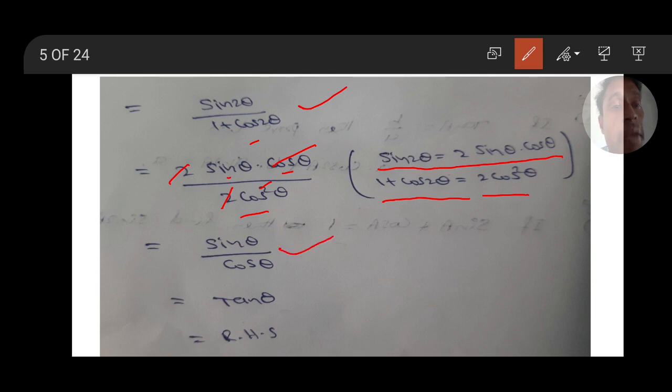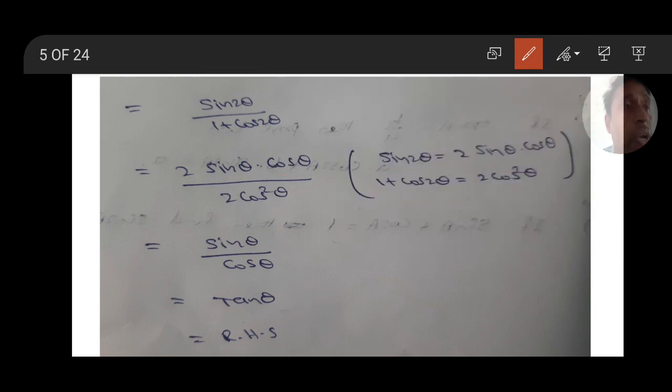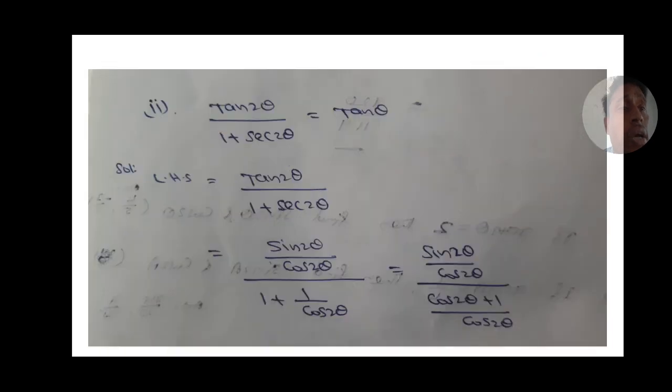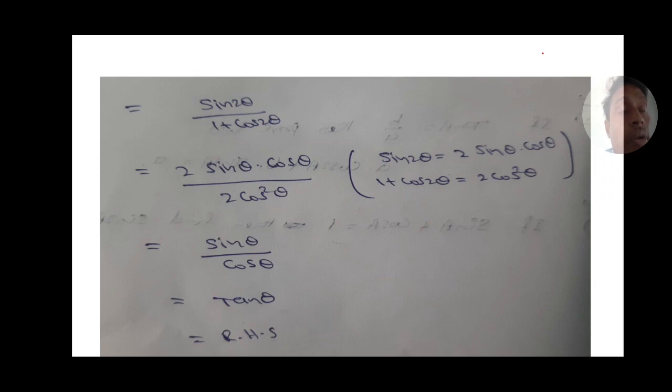So sin theta by cos theta equals tan theta, that is the RHS. Here first we wrote tan and sec in terms of sin and cos, then simplified using the sin 2 theta formula and the 1 plus cos 2 theta formula to get the answer.